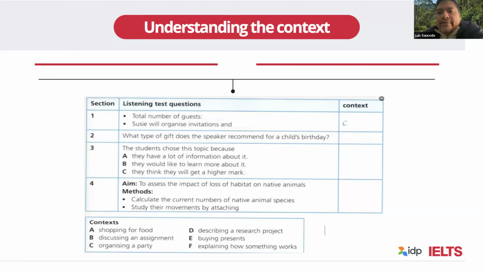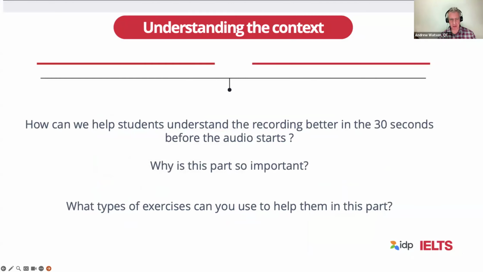Oh yeah, I think you're right. Discussing an assignment. Yeah. I'm not sure 100% myself whether 4 is B or it's D. So there's a certain ambiguity there, isn't there? Yeah. Maybe it will become clearer as we go through this material.